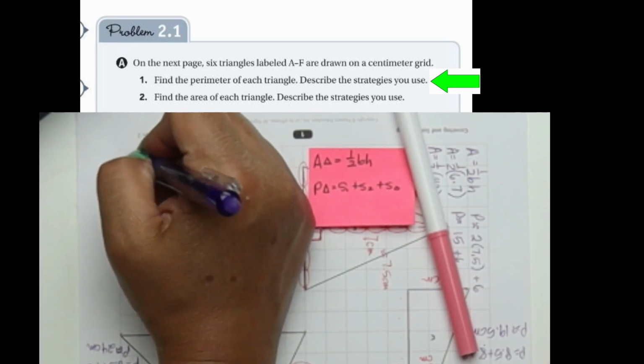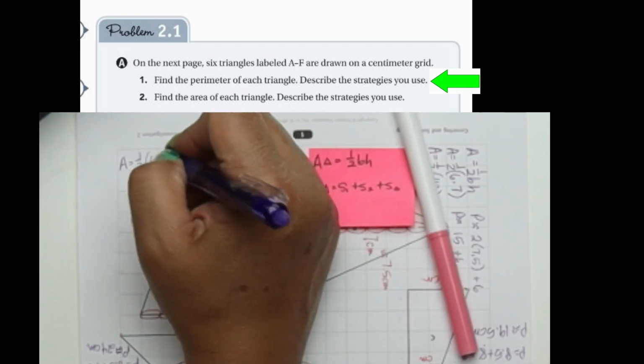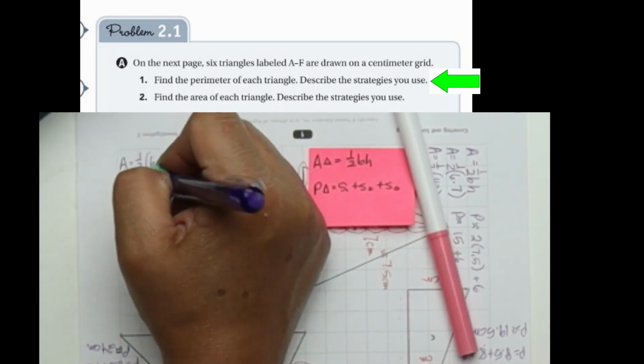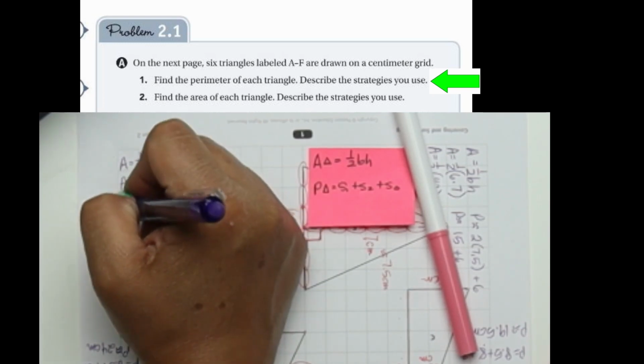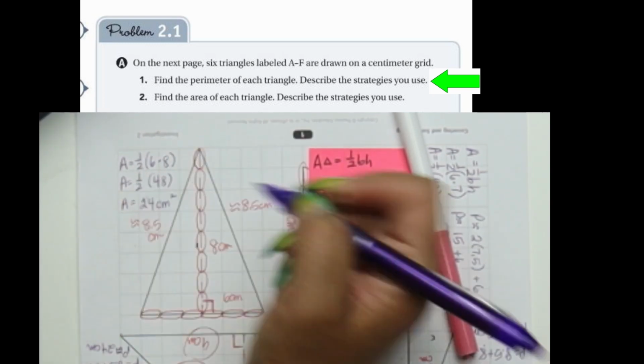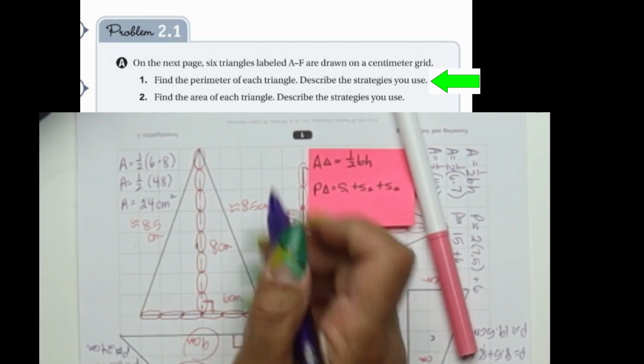So let's calculate area. Area equals 1/2 of the base, 6 times 8. Area is half of 48. So then area equals 24 centimeters squared. And then perimeter would equal the sum of all sides.